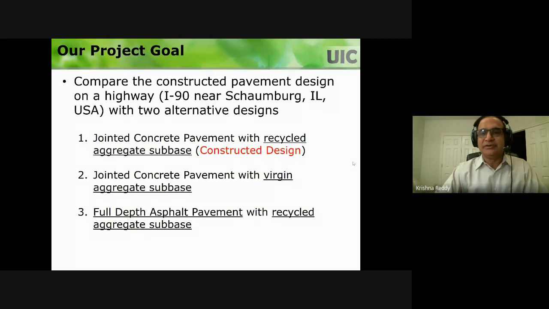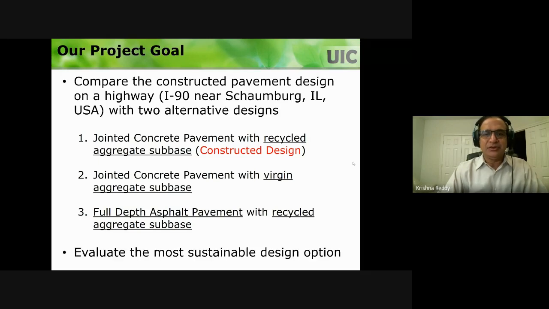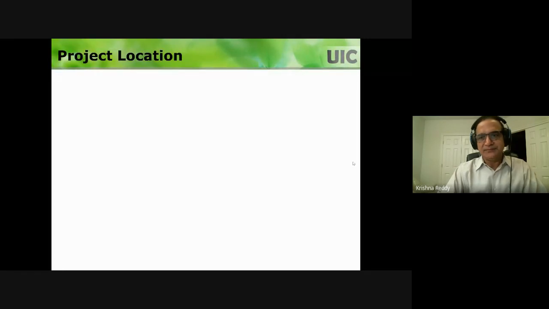So, as you know, in this time, cutting any carbon emissions is extremely important. So if you are hauling long distance, the amount of greenhouse gases that you're going to generate is not good compared to the benefits that you are going to get by using the recycled materials. So the idea is, which one is more sustainable, and how do we do that?